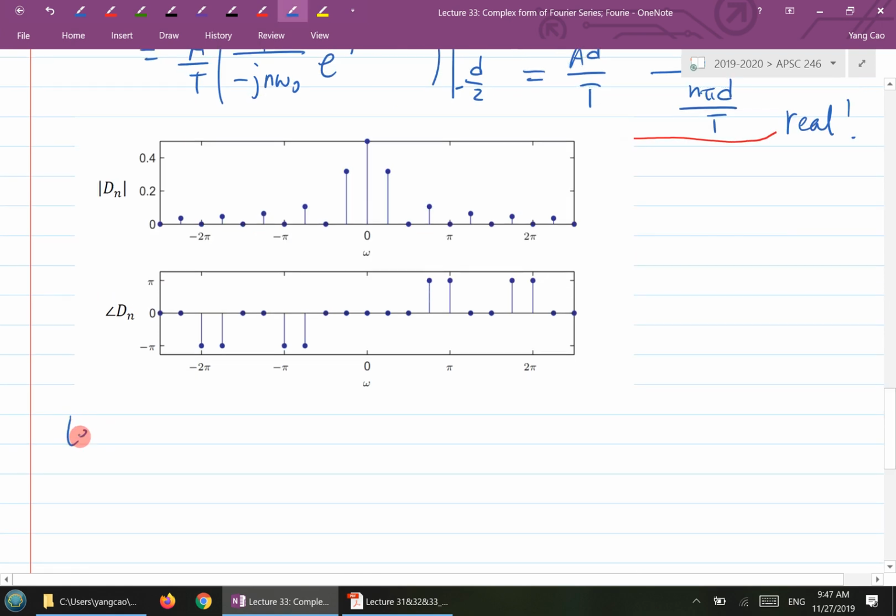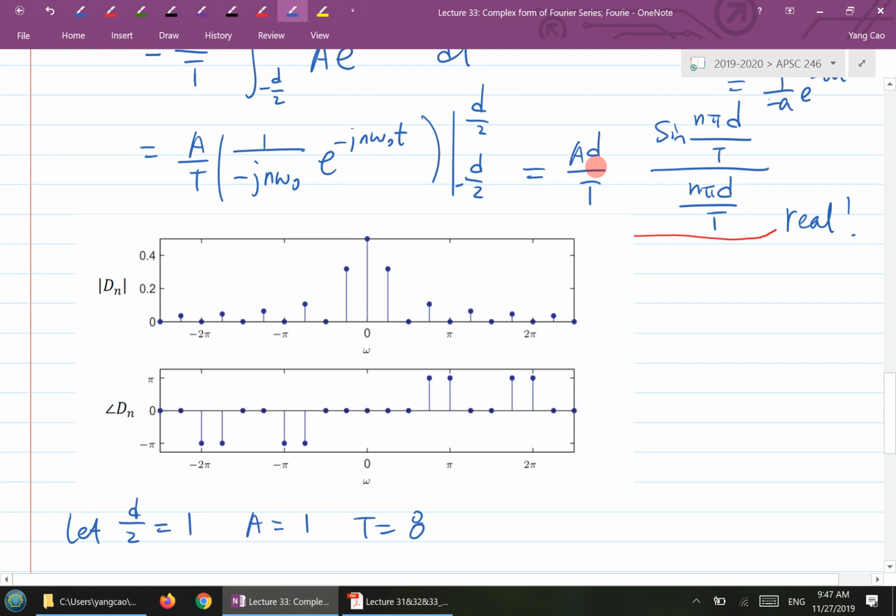Let's say we let d over 2 equal to 1, and A equal to 1, and T equal to 8. So we can use some numbers here. If I plug in d over 2 as 1, or d equal to 2, capital T equal to 8, and capital A equal to 1, then we can calculate the magnitude of this.